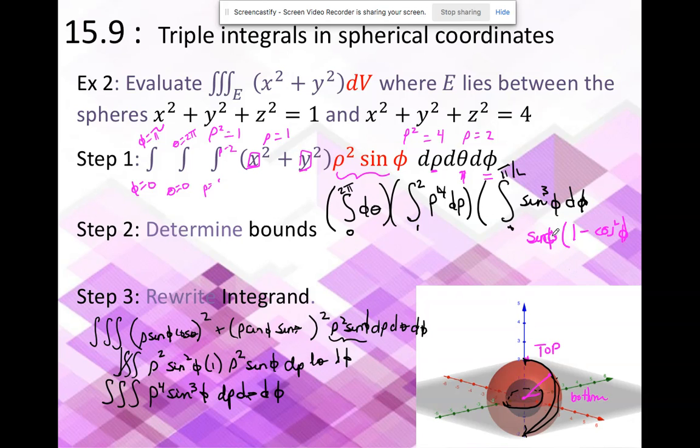Right, because now I'm going to distribute, and then I'm going to be able to use u substitution on that. And of course, this is going to be rho to the 5th over 5, and that's just going to be my 2 pi. And when I'm all done, I ended up with 248 pi over 15.